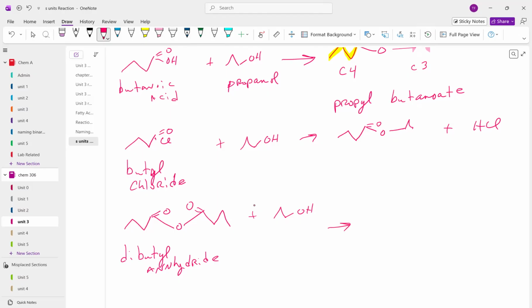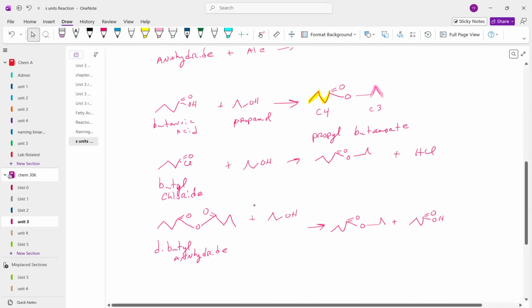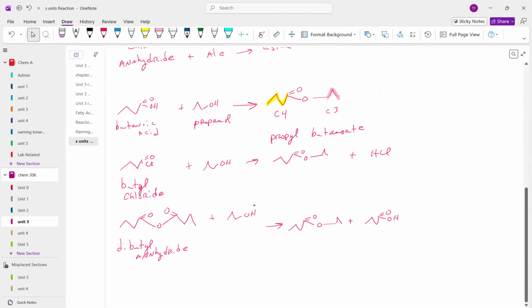So what's going to happen is it's going to kick off one of the acid parts of the anhydride. So that's the 3 ways to make that ester.